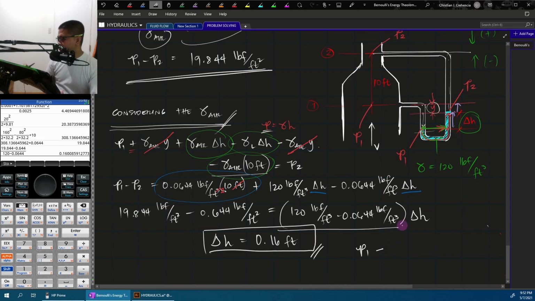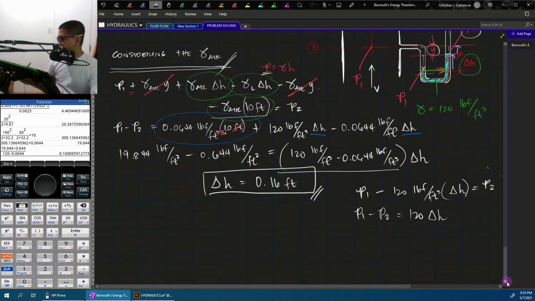Okay, so mababawasan siya by the product of the unit weight ng liquid, 120 pound force per cubic foot, times delta H. So, saan tayo nakarating? Dito sa may point na to, na merong pressure na P2. So, P1 minus P2 is equal to 120 times delta H.